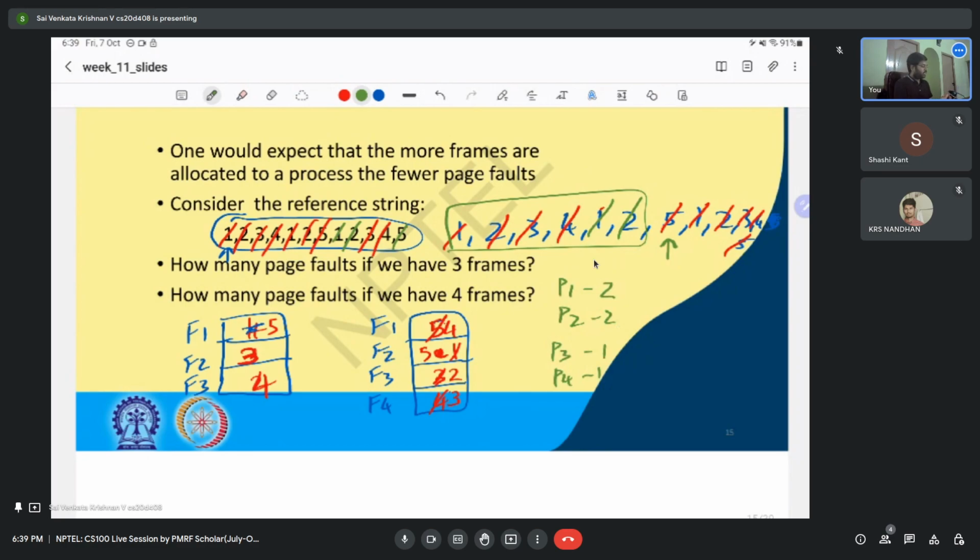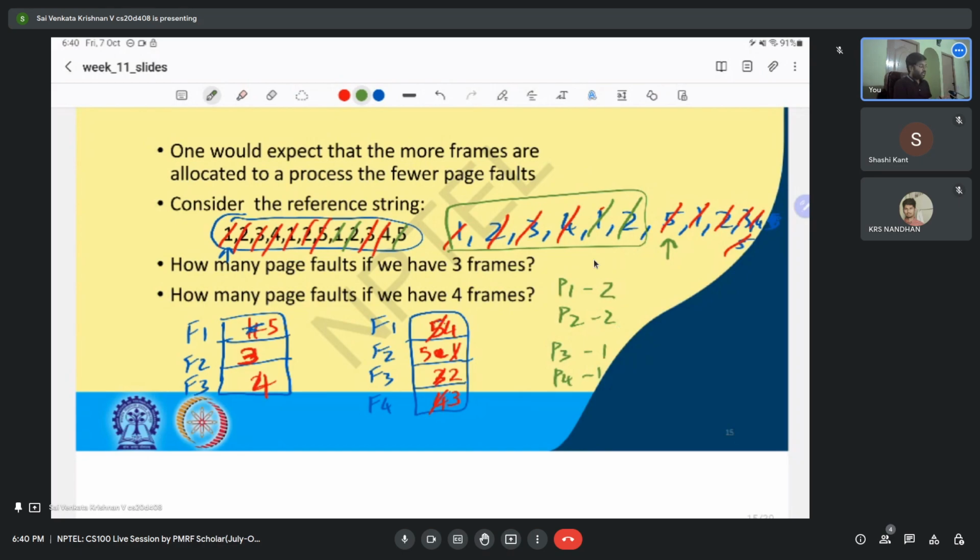That's what FIFO is about. And another reason why FIFO suffers from this anomaly, compared to LRU, which doesn't suffer, is that LRU is recency based, or stack based, allocation.